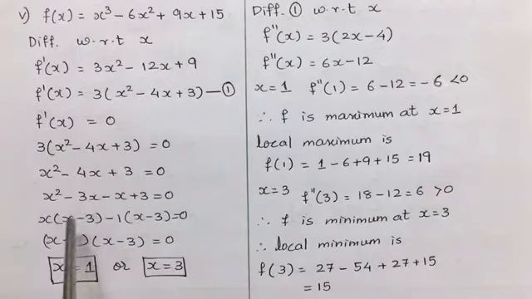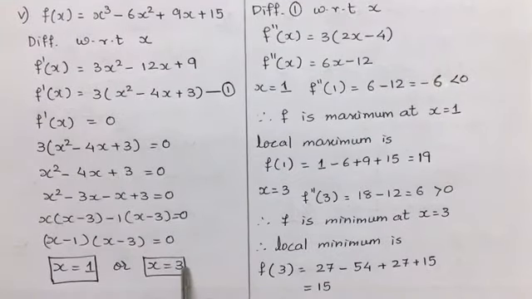From the first two terms, taking x common, we get x minus 3, and from the last two terms, taking minus 1 common, again we get the bracket x minus 3 equal to 0. Therefore, we get two values of x here: x equal to 1 and x equal to 3. So two values of x we have got.